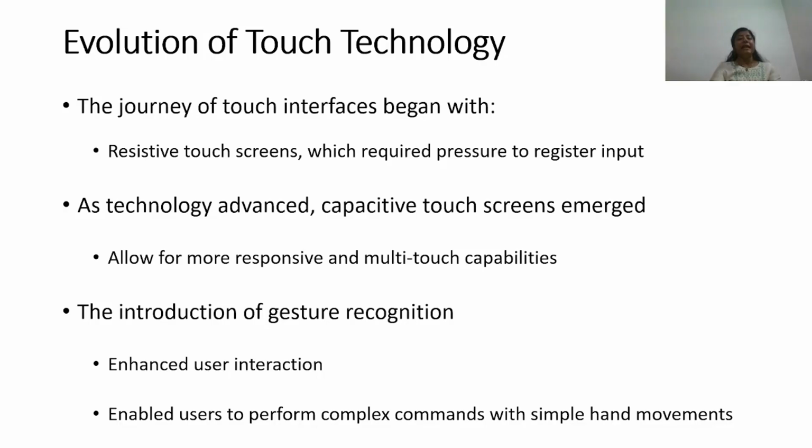Now we will see the evolution of touch technology, starting from the resistive touch screen, which required a certain amount of pressure to register the input. As the technology advanced, it led to capacitive touch screens, which emerged and allowed more responsive and multi-touch capabilities.